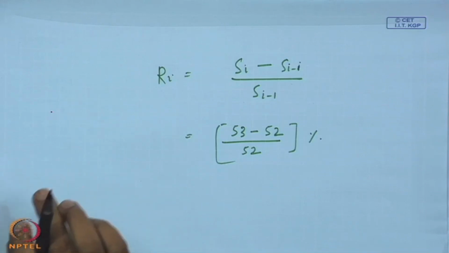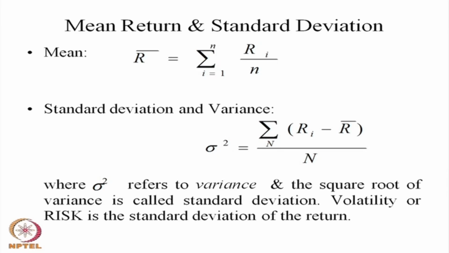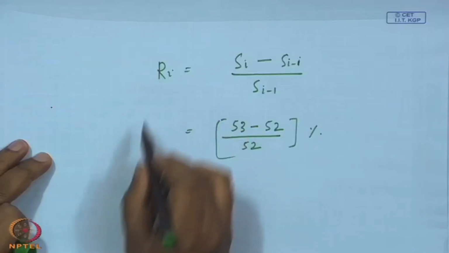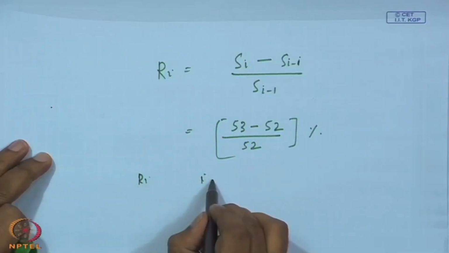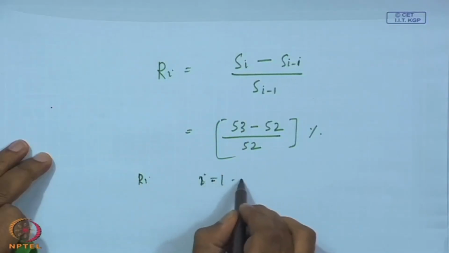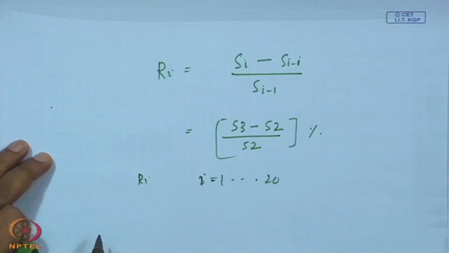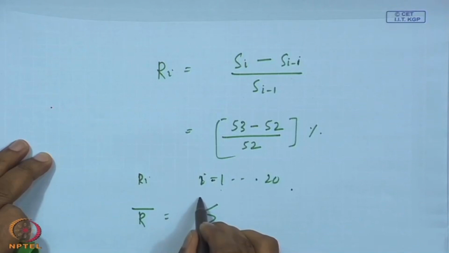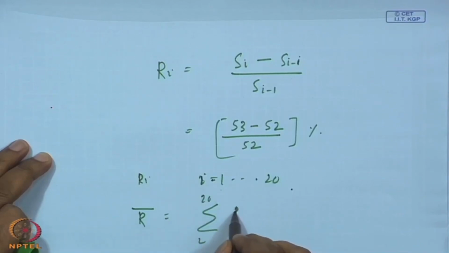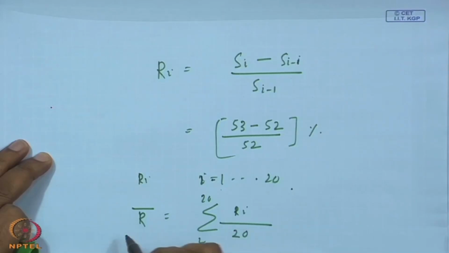In value at risk, two things are very important: the mean return and the standard deviation. What is the mean return? If you calculate the daily return R_i for i equal to 1 to 20, meaning the first day, second day, third day, all the way to the 20th day, the mean return will be the sum of R_i from i equal to 1 to 20 divided by n, here 20.